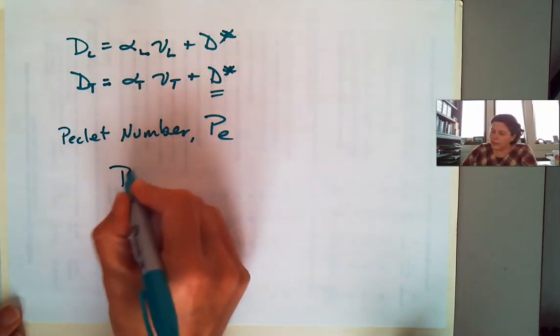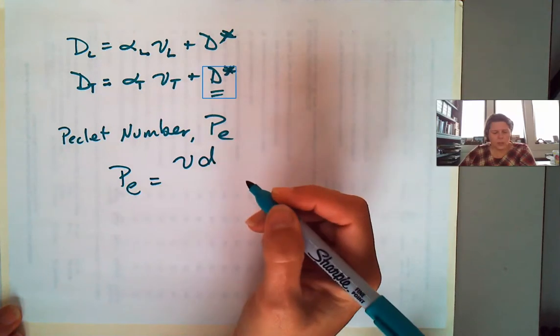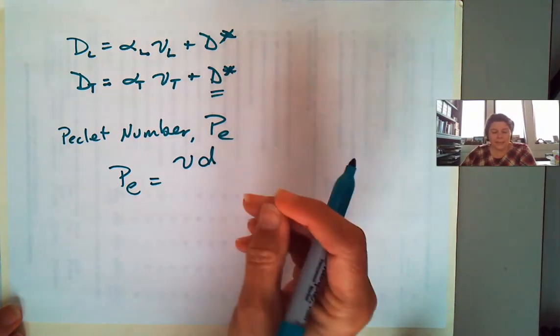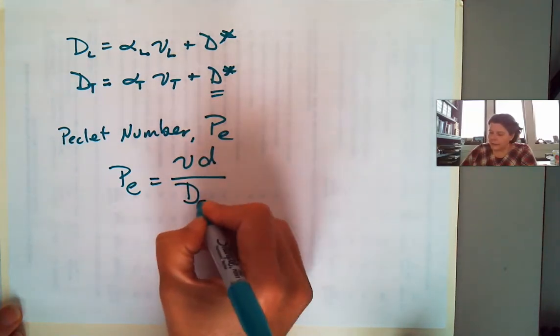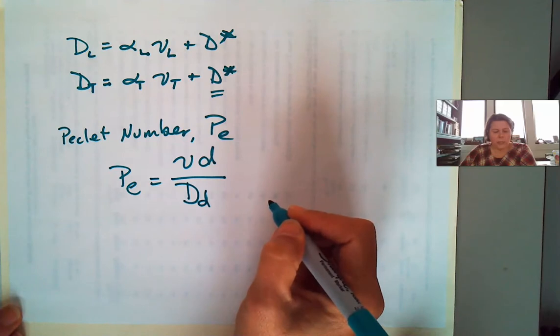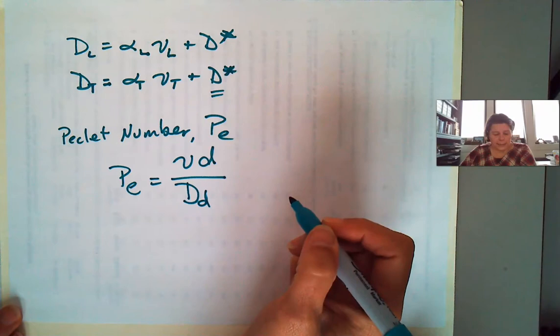Again, it's dimensionless, so we don't have to write any units with that. Our Peclet number equals the velocity times d, which is our characteristic length of flow for our porous media, usually the average diameter of the grain, over Dd, which is our free water diffusion coefficient. And v is our average velocity in here.